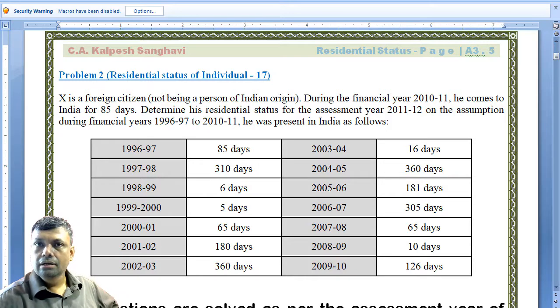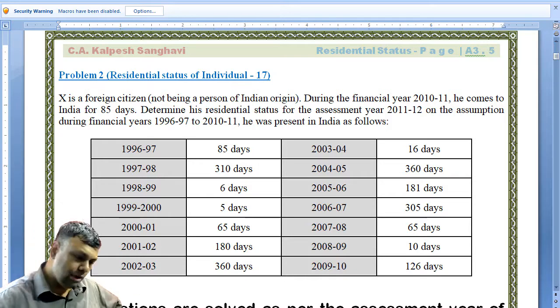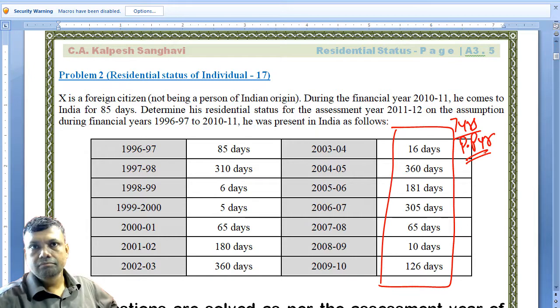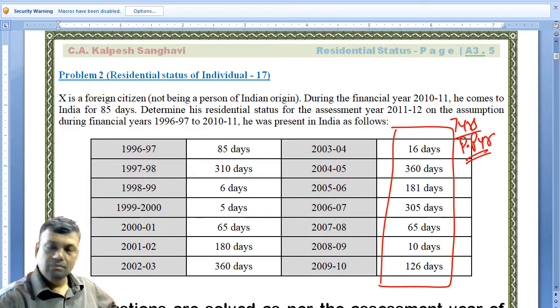For the additional condition, how much before-year data do I require? 7. So 4 and 3, 7. I'll require this much data. This is 7 years preceding the previous year. That's the data. I'll have to take the total, and it should pass the 730 days test.